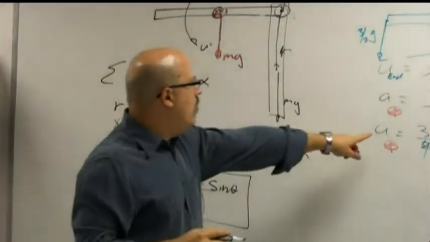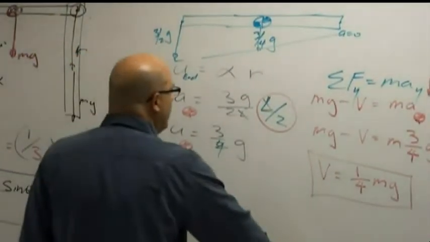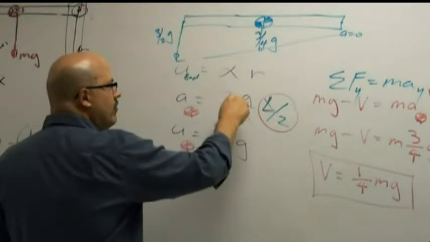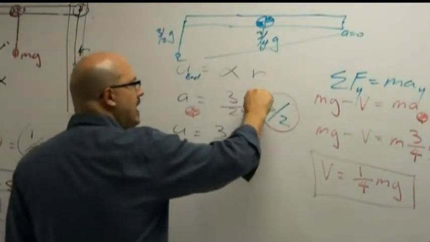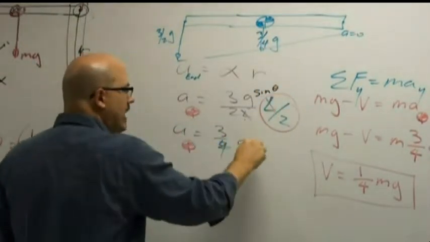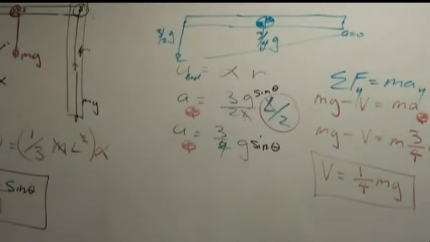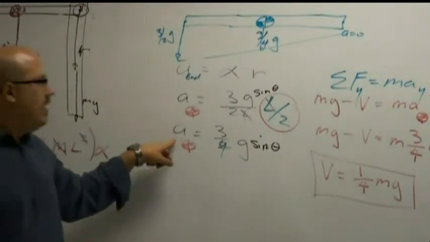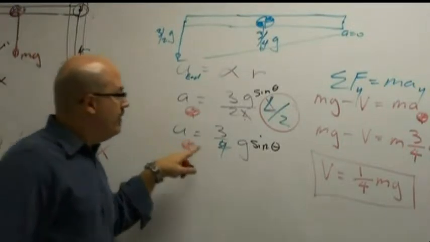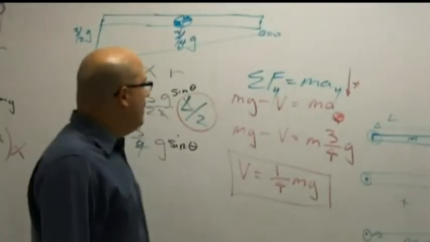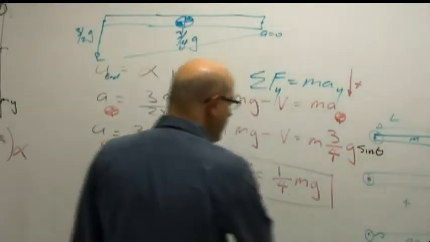And then we go over here. What does our acceleration of the center of mass look like then? Then instead of it being 3/2 g over L times L over 2, there's a sine theta in here, right? So we have a sine theta here. Okay? And notice once again that linear acceleration goes to 0 when we reach the bottom. And so what's our vertical force going to be like? There's a sine theta here, right?